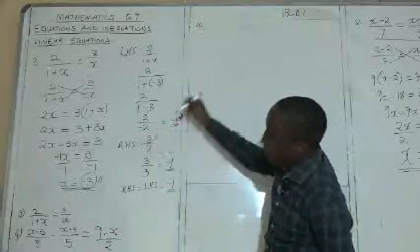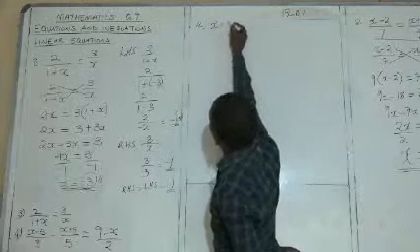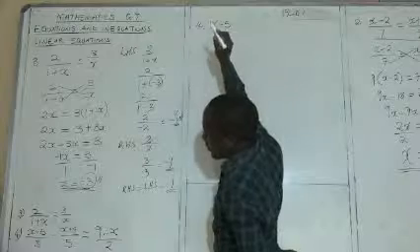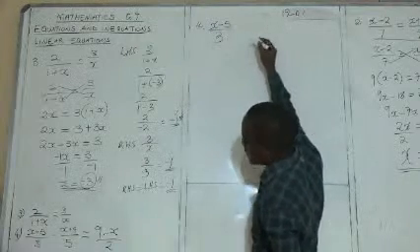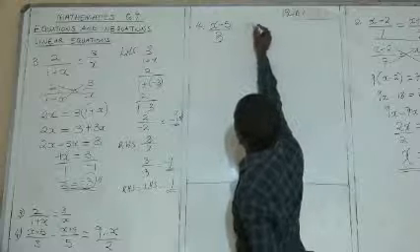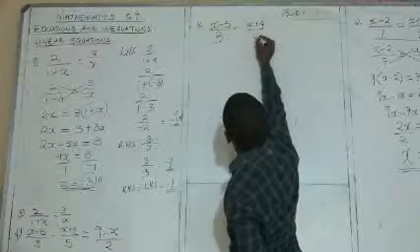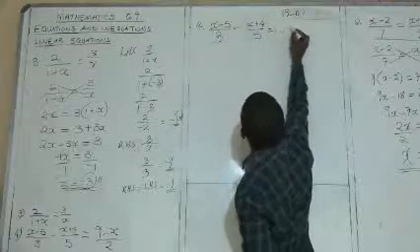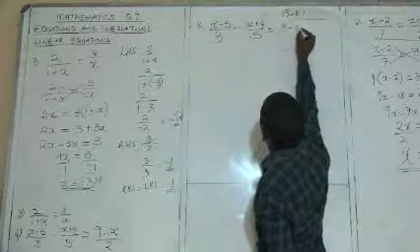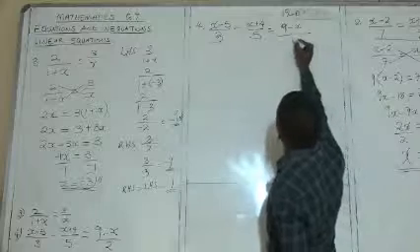So we have 2 times x minus 5 over 3 as denominator, then minus x plus 4 over 5 is equal to 9 minus x, so this is 9 minus x over 2.